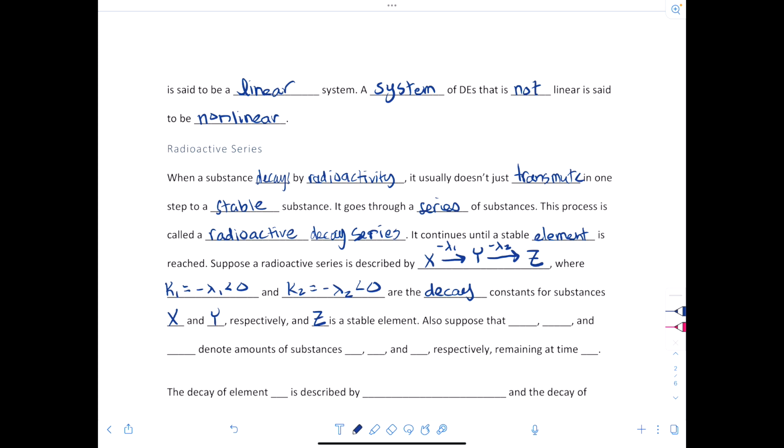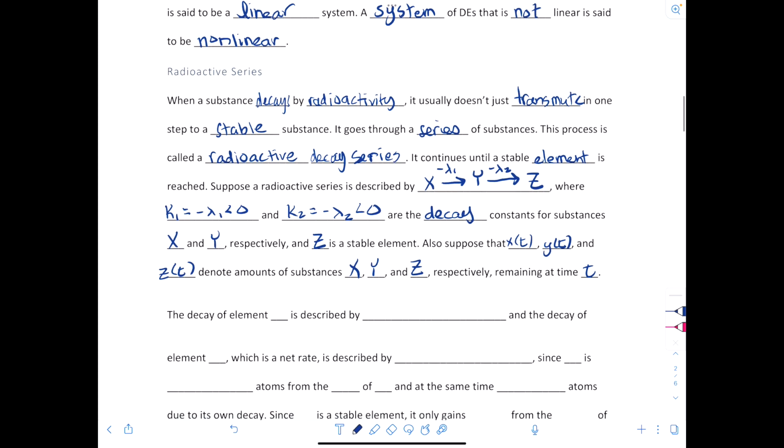Also, suppose that x(t), y(t), and z(t) denote amounts of substances X, Y, and Z respectively remaining at some time t.